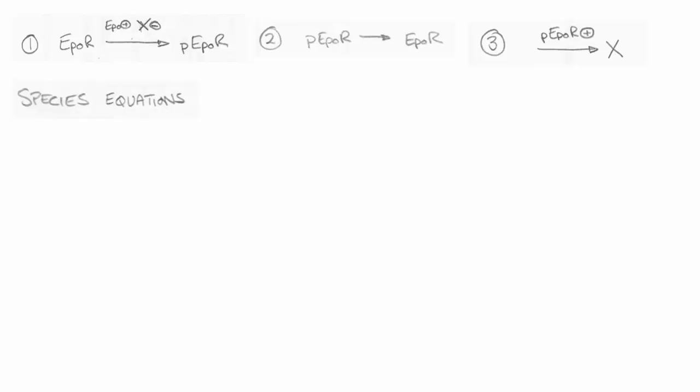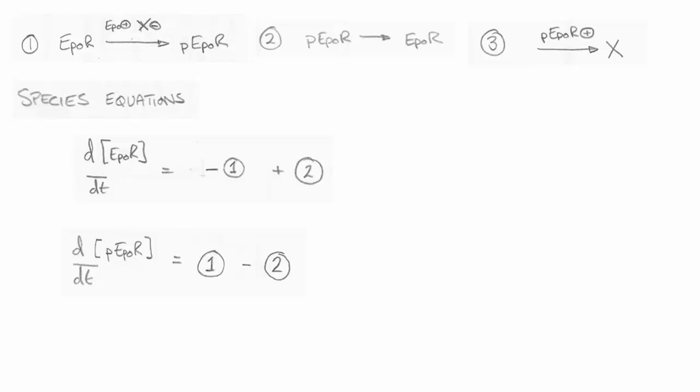We need rate equations for each species involved. The rate equation for EPOR is the same, and the same relationship for phosphorylated EPOR. But now we've got this species equation for X that we've got to involve too.